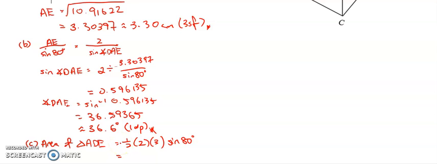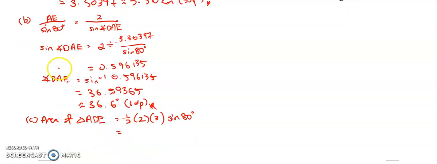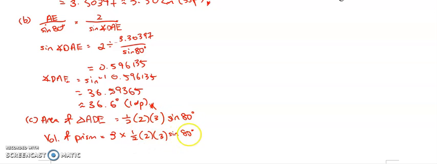And then what we can do here is that we can straight away write down the volume of prism equals to, the height is 3, so 3 times half times 2 times 3 times sine 80 degrees. You may want to calculate out this value also on your calculator, but after that, you got to use the exact value. Do not round off. You use the exact value and times 3, which is the height of the prism.